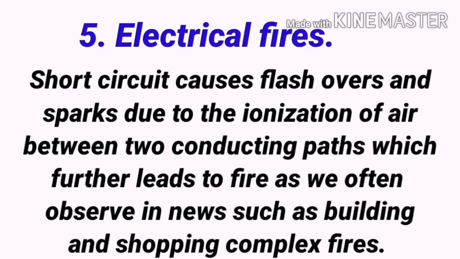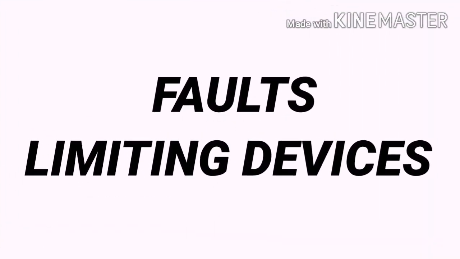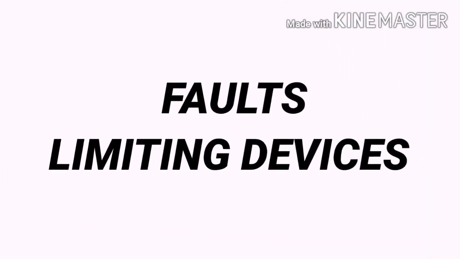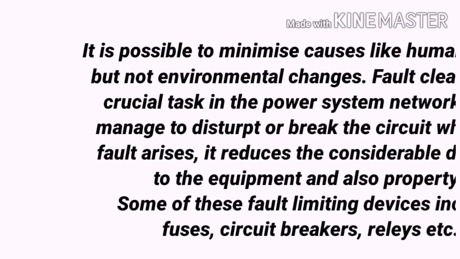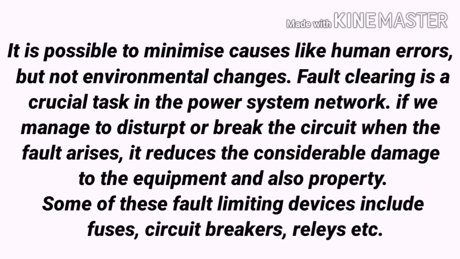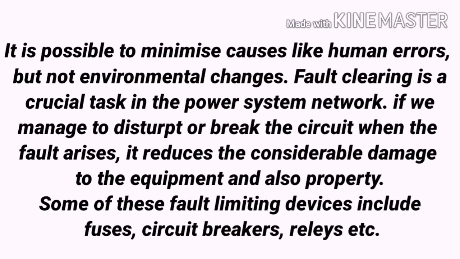Keeping in mind electrical faults, we are going to use some limiting devices known as fault limiting devices. With the help of fault limiting devices, it is possible to minimize causes like human errors but not environmental changes. Fault clearing is a crucial task in the power system network.